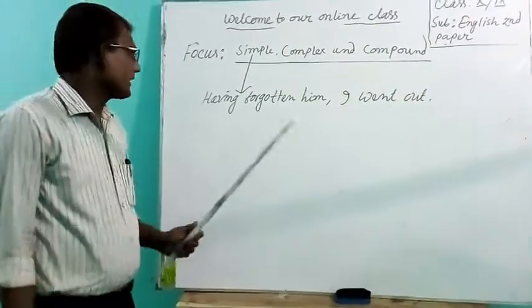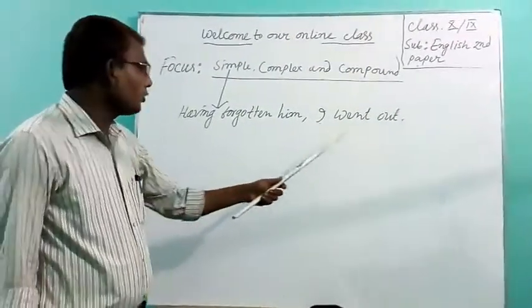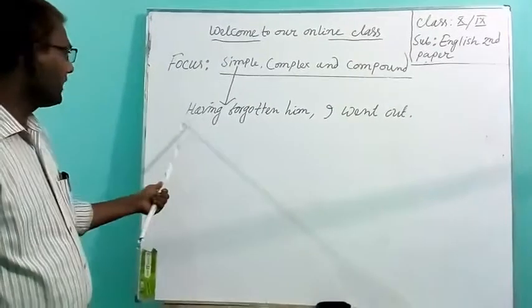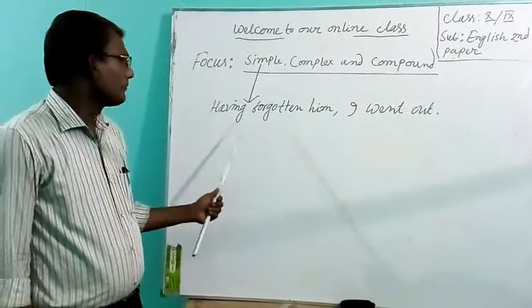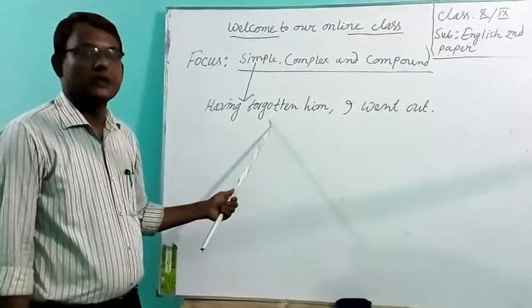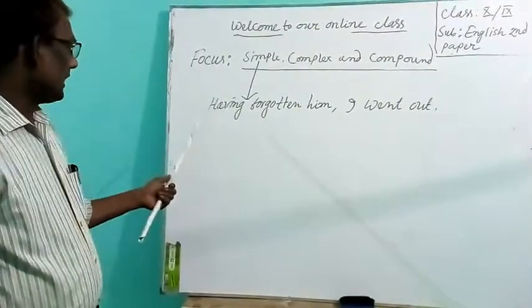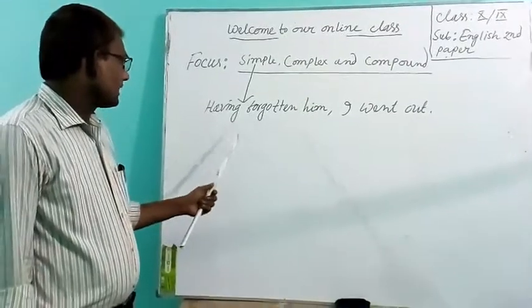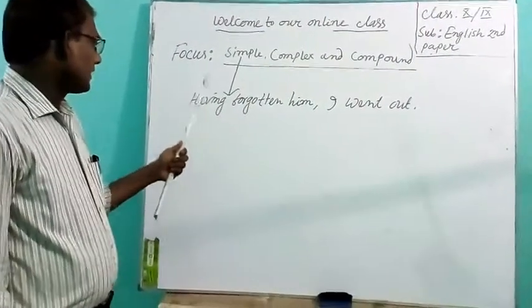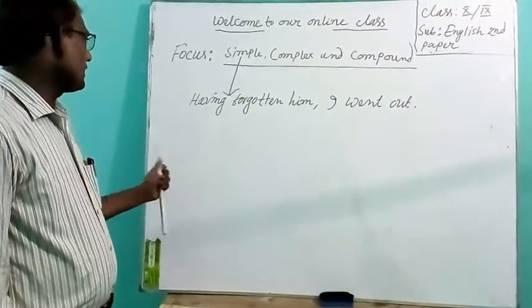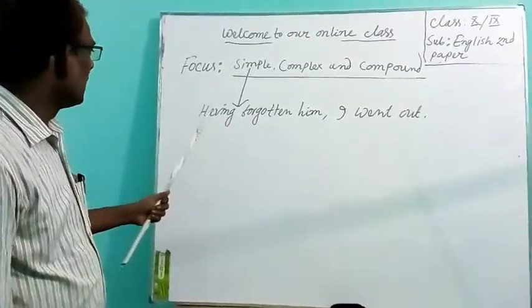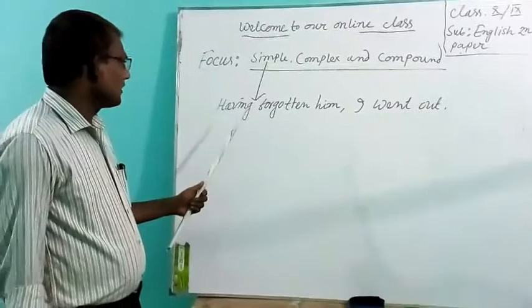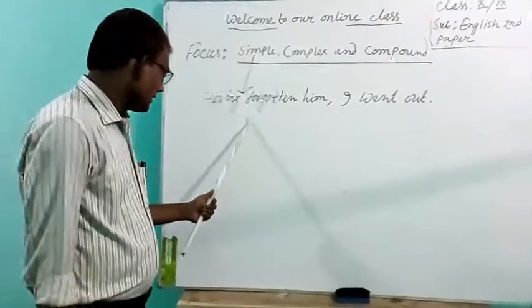Concentrate your mind, please. Having forgotten him, I went outside. Having forgotten him is called a perfect participle. If the speaker uses a past participle after having, then we call it a perfect participle.